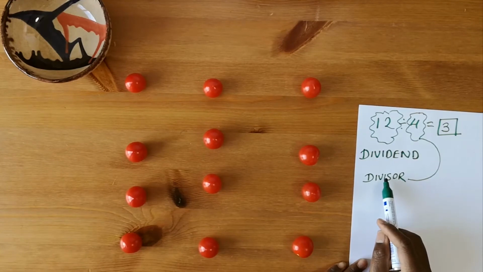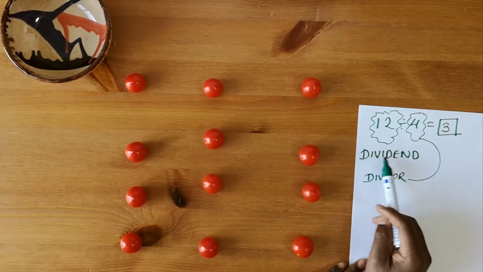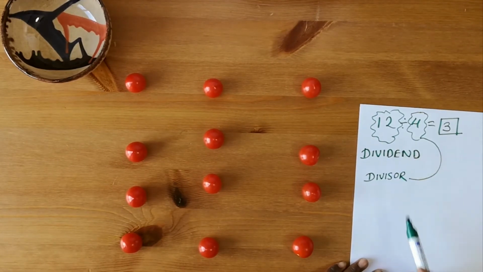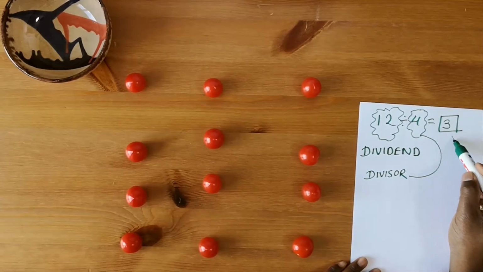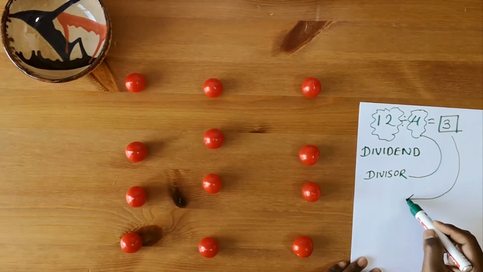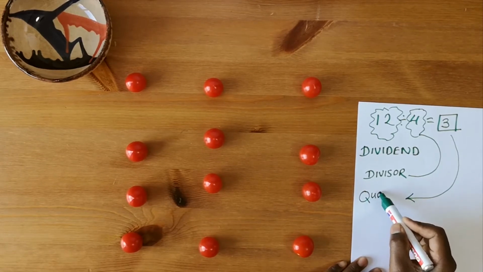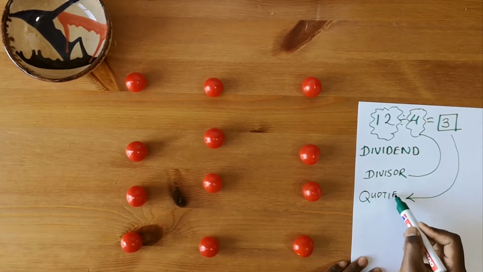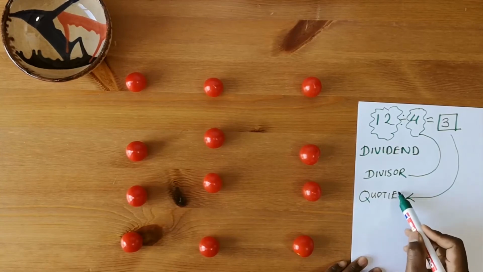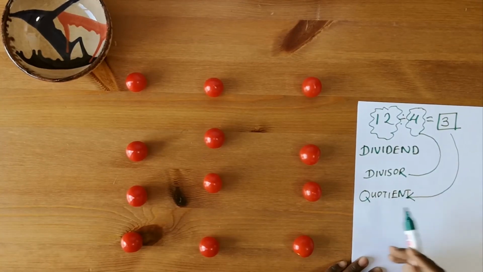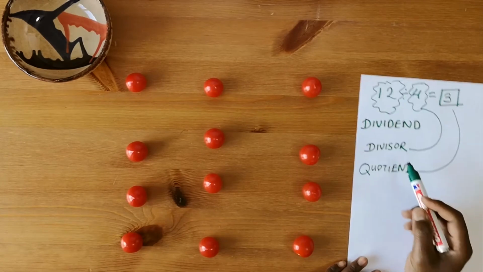So the divisor does the dividing and the dividend gets divided. And the answer that you get is known as the quotient. That's how you write it, quotient, but you pronounce it quotient.